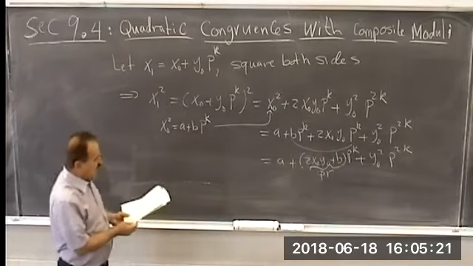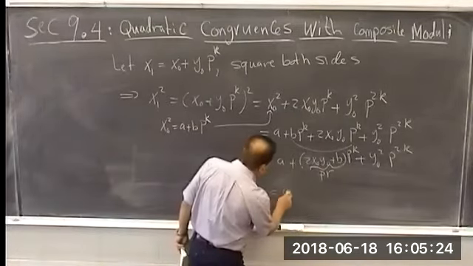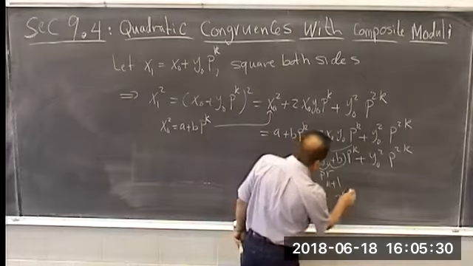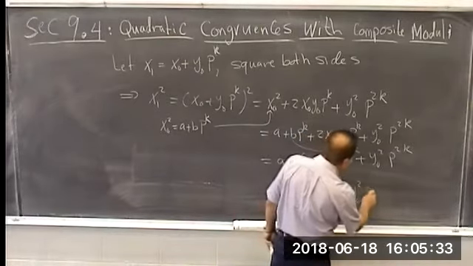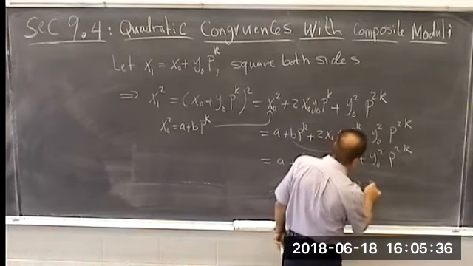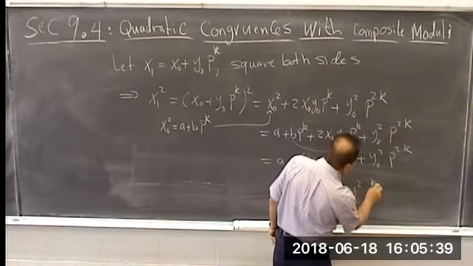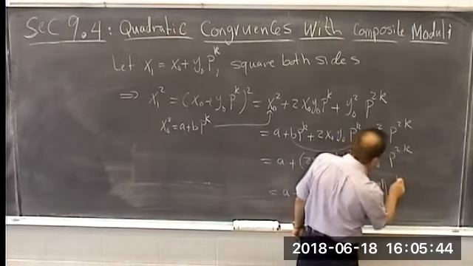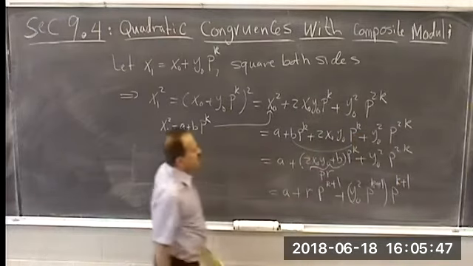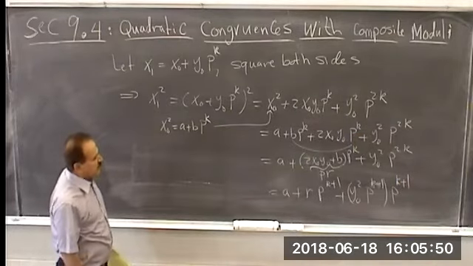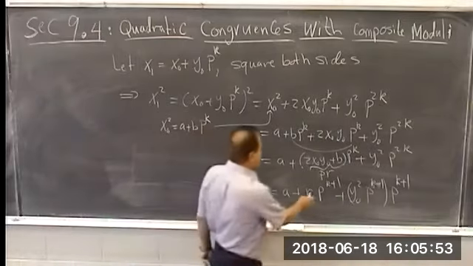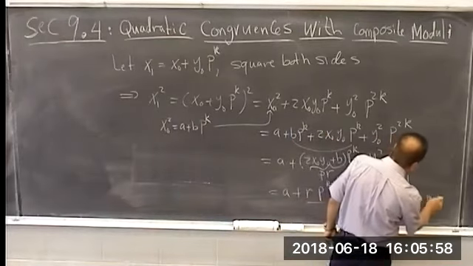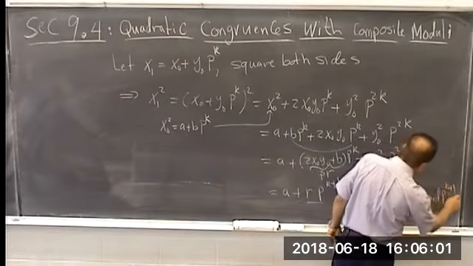So we're going to substitute that for pr, and the whole thing becomes a plus r p to the k plus 1 plus y sub 0 squared p to the 2k. Now I'm going to take this mod p to the k plus 1, so then these two terms cancel out, and so this becomes congruent to a mod p to the k plus 1.